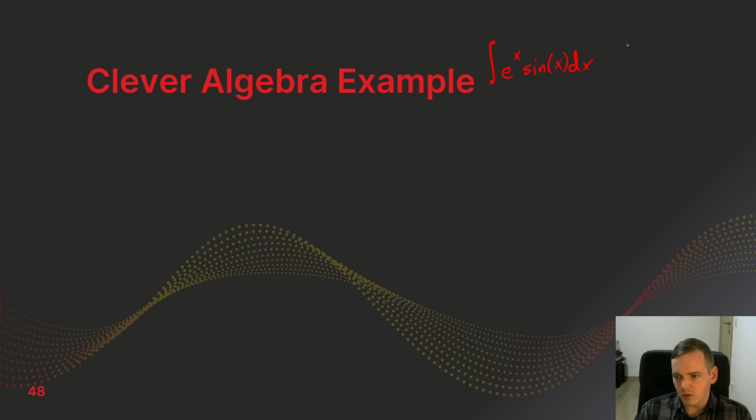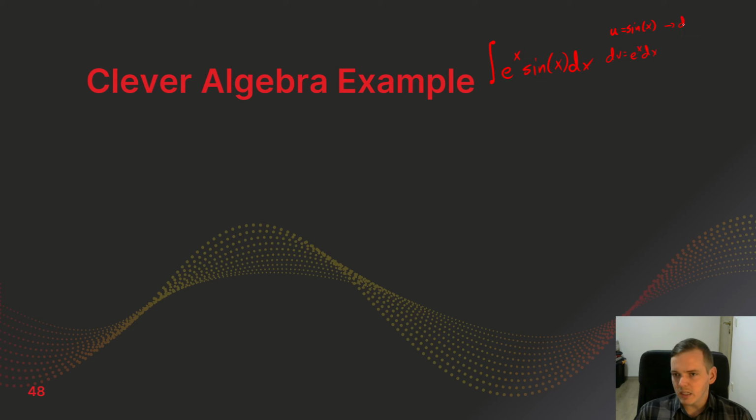We've got to pick a u and a v. Now, in this case, for problems that use this kind of clever algebra trick, it typically doesn't matter what you choose for u and v. So I'm just going to pick them at random, but you could have just as easily done it the reverse way. I'm going to say that u equals sine of x, and dv is equal to e to the x dx.